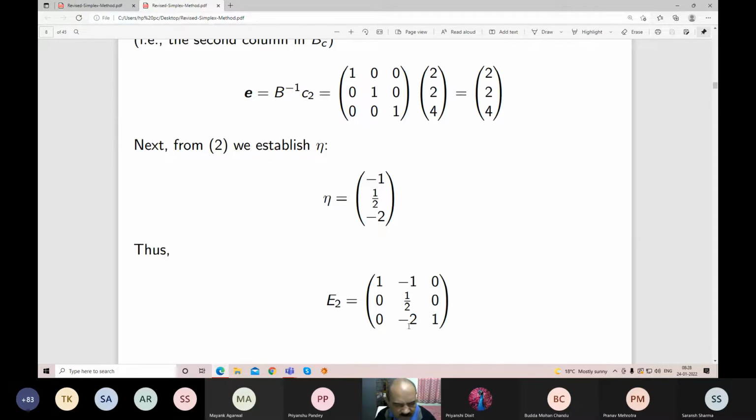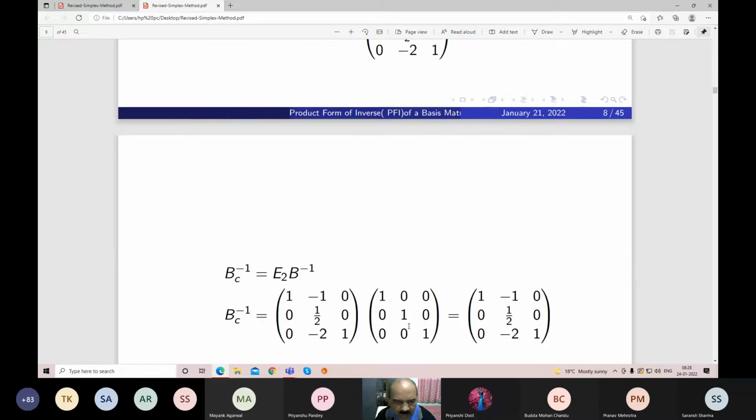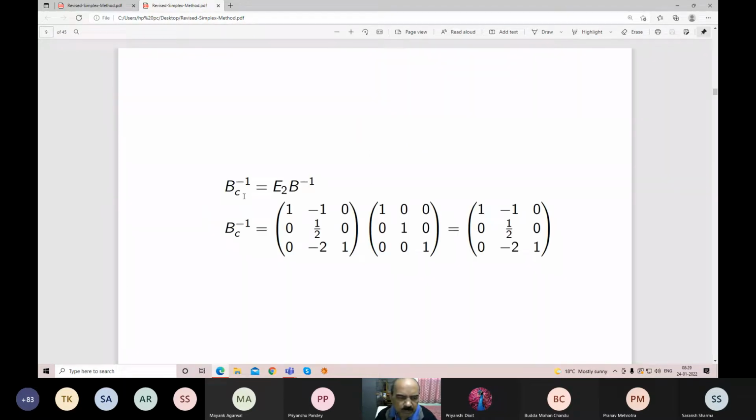Once E2 is defined, we can find BC inverse equal to E2 into B inverse. Since B inverse is an identity matrix, BC inverse is nothing but E2. So the elements of BC inverse will be 1, 0, 0, minus 1, half, minus 2, 0, 0, 1. This is clear.